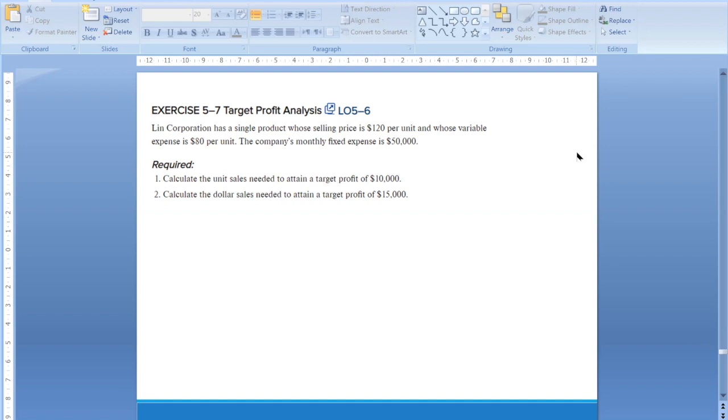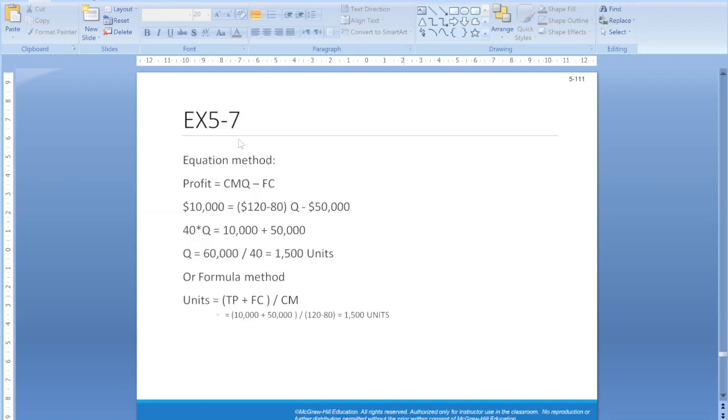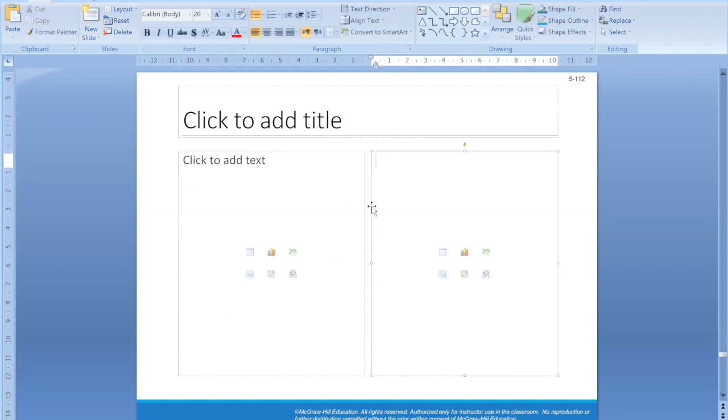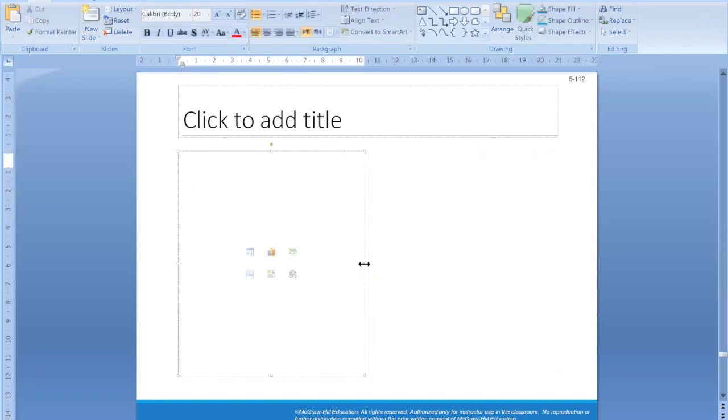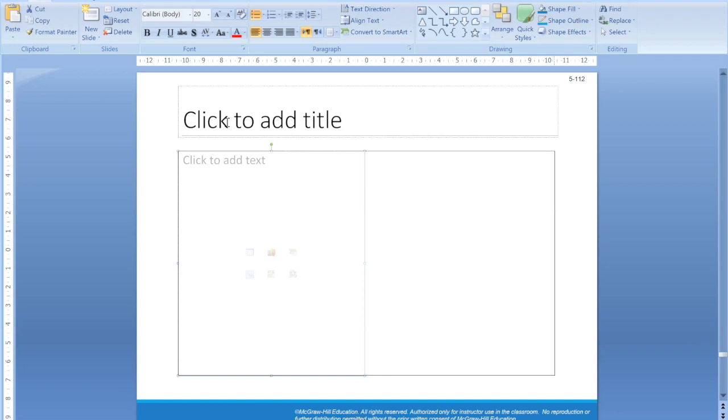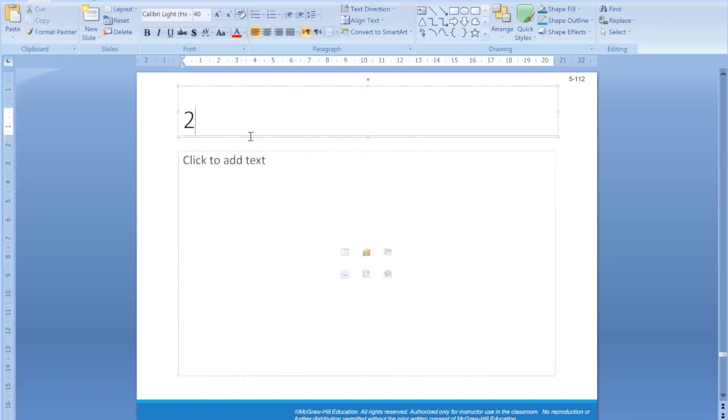Same as the first question, we can do the second one using the equation or using the formula.